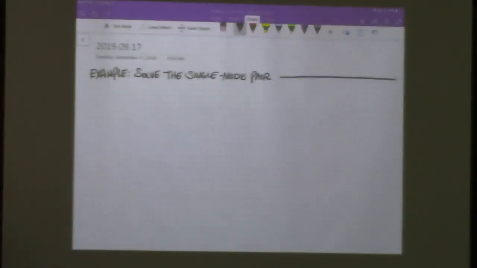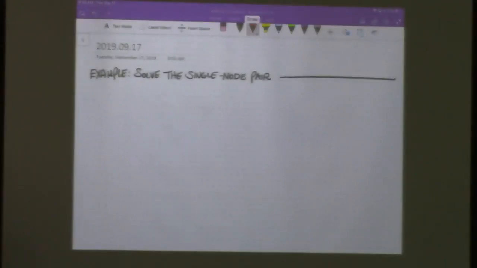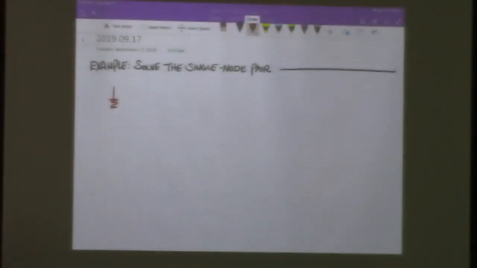We've talked about single node pairs a lot, but they give us one last example to go through. I'm going to go through this relatively quickly. We'll say what the steps are, write down the equations, and get the solution. I'm going to ask you all to do most of the heavy lifting. So give me a second to draw it.